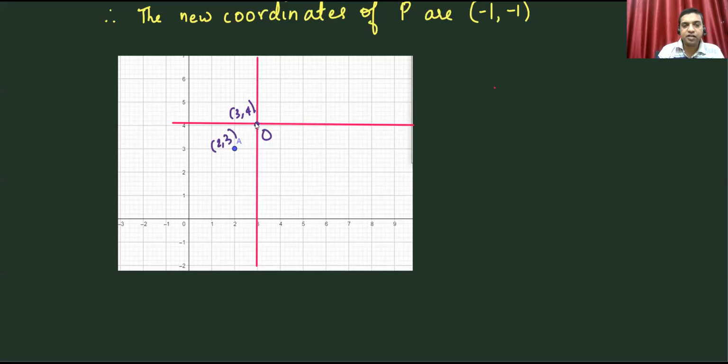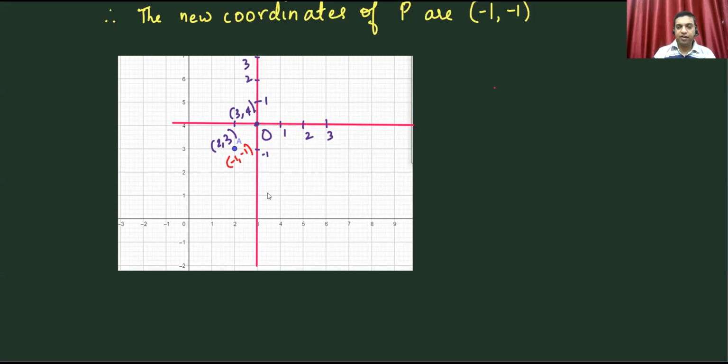With the new origin, this will be 1, 2, 3, this will be 1, 2, 3, this will be minus 1, and this will also be minus 1. So this point A will be minus 1 comma minus 1. This 2 comma 3 will become minus 1 comma minus 1 in the new system. In the old system, it was 2 comma 3. Clear?